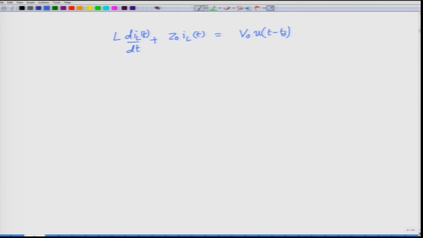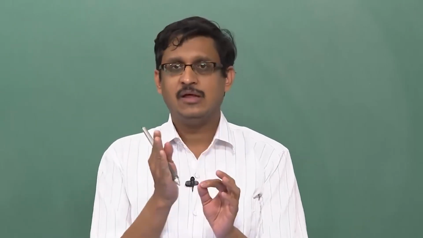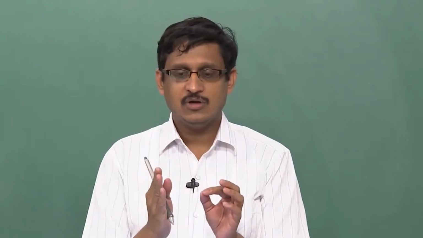This is actually a step response of an RL circuit, except that the step is applied at t equal to Td instead of the usual t equal to 0. But if you simply move the reference 0 to Td equal to 0, then the solution of this one must be in the form of an exponential.